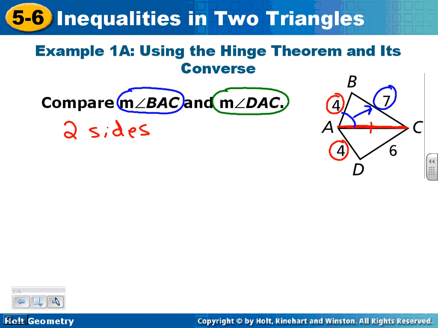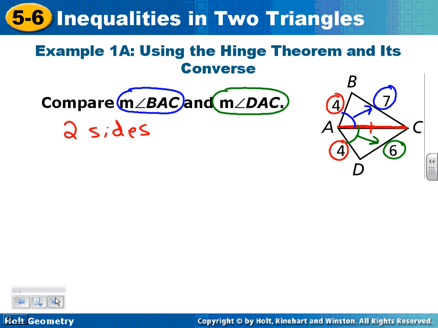So let's go find DAC. DAC is this angle right there. And notice its opposite side has a length of 6. So which angle is bigger? Well, of course, it's the one that goes with the 7.